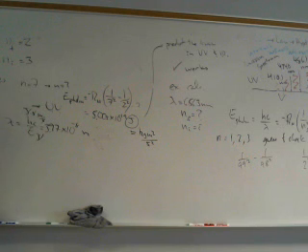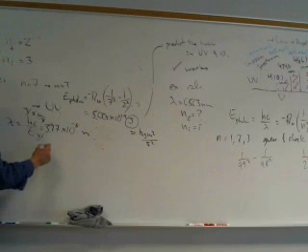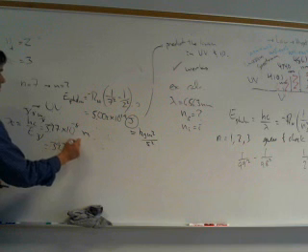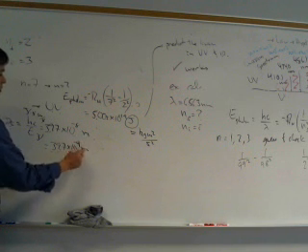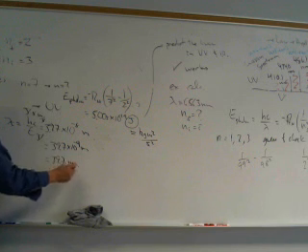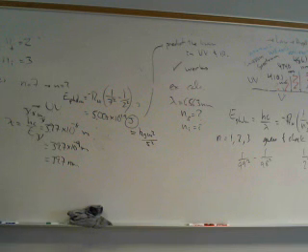So 3.97 times 10 to the minus 8 meters, which is 39.7 times 10 to the minus 9 meters, which is 39.7 nanometers. Where's 39.7 nanometers?